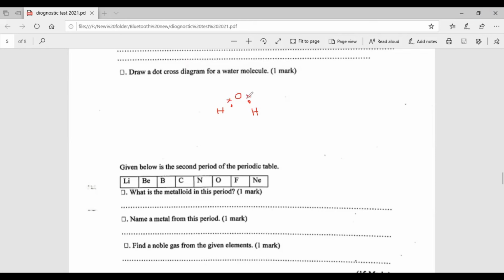In the valence shell of the oxygen, there are 6 electrons: 1, 2, 3, 4, 5, 6. This is how we should draw the dot cross diagram. Oxygen's electrons are denoted by crosses and hydrogen's electrons are denoted by dots.